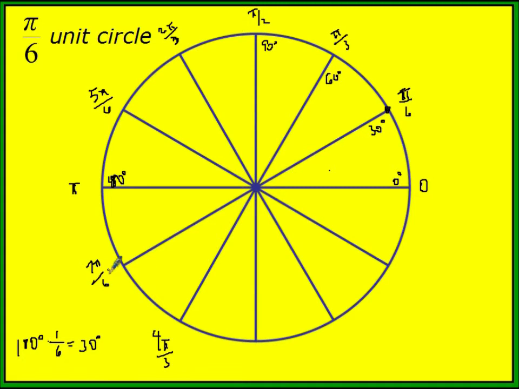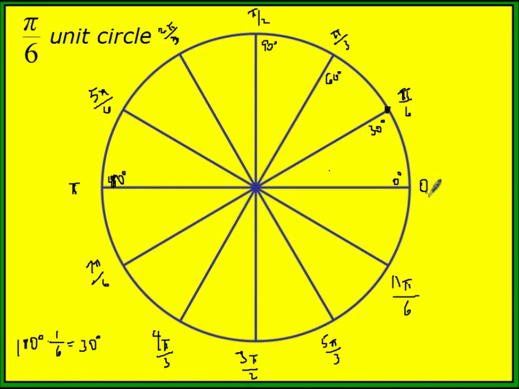If I lose count, 7 pi over 6, 8, 9 pi over 6. I know 9 pi over 6 simplifies to 3 pi over 2. 10 pi over 6 simplifies to 5 pi over 3. And finally, 11 pi over 6.